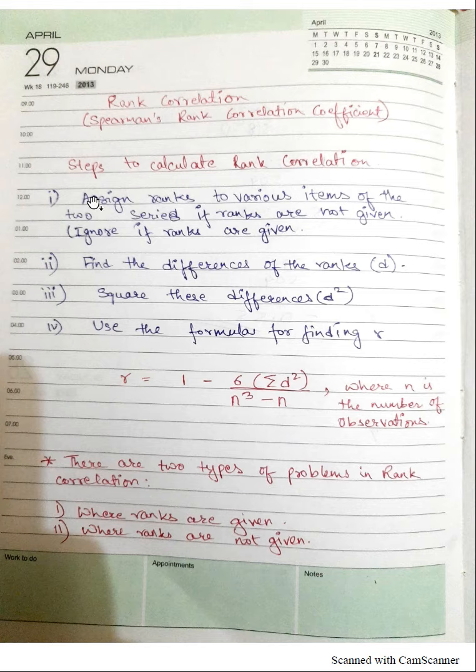you first follow this step, that is assign ranks to various items of the two series if the ranks are not given. In your series of data, both x and y, you might already be given the ranks of the different items or observations. If that is so, you will not have to consider this step.